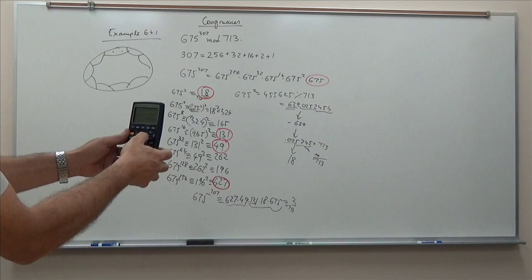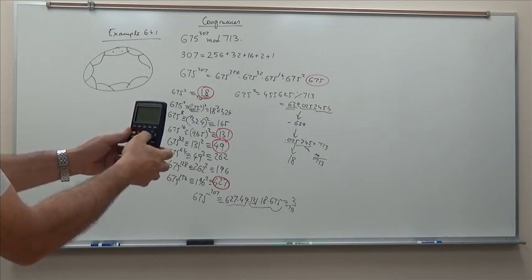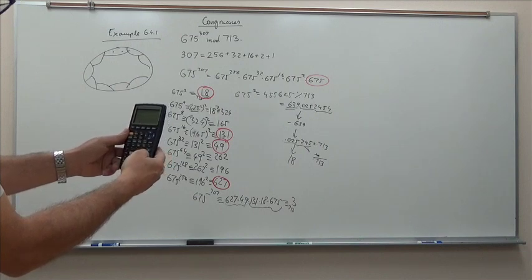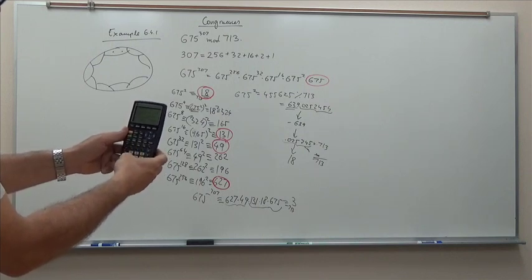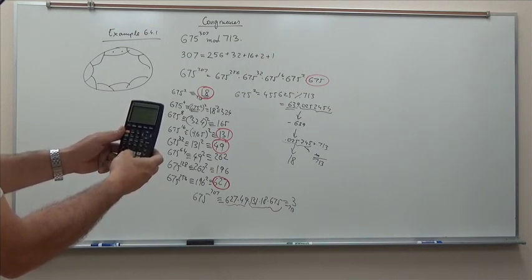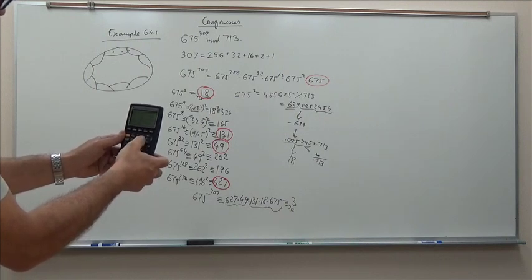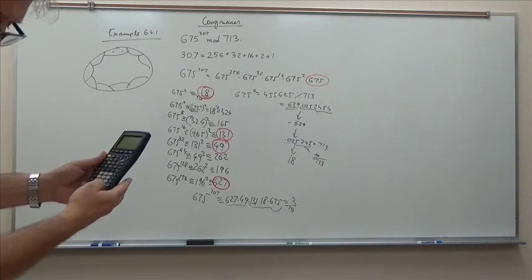Let me clear this. So I got 627 times 49 times 18. I'll take these three, divide by 713, remove 775, multiply by 713, and I got 439.